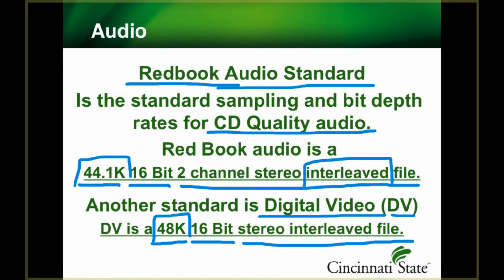But they're both 16-bit, they're both stereo interleaved, and these are both more or less your common standards. The Redbook you'll find with CDs, and when you download MP3s they even have that same sort of standard, while movies and DVDs and other things will have the 48K standard. It's just sort of the two different worlds that you live in.